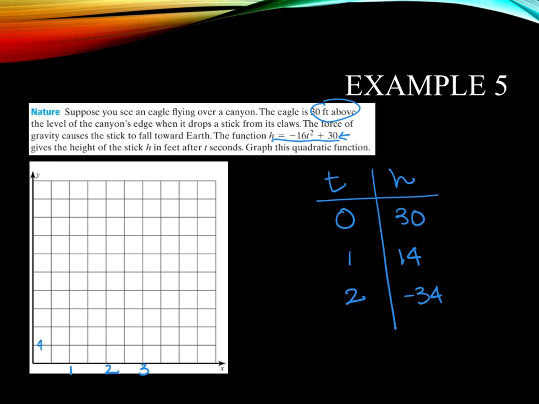So we have 4, 8, 12, 16, 20, 24, 28, 32, and 36. So again, when I go to plot this, I have 0, 30, so that's going to fall somewhere in here. I have 1, 14, and my graph then is going to look something like this.